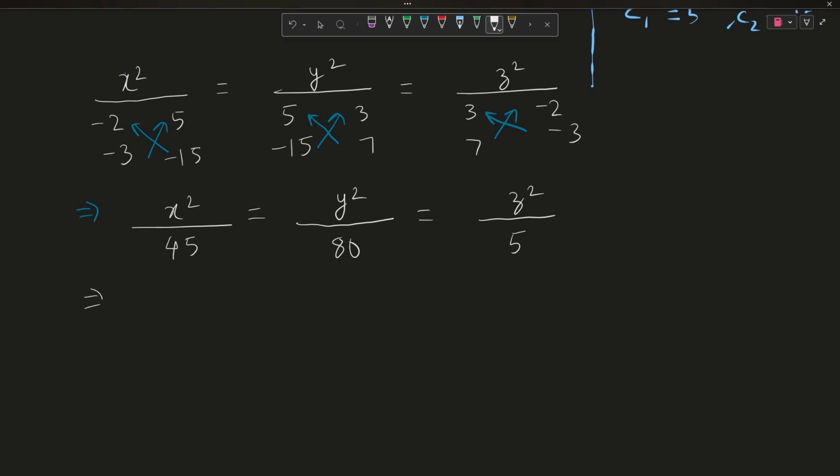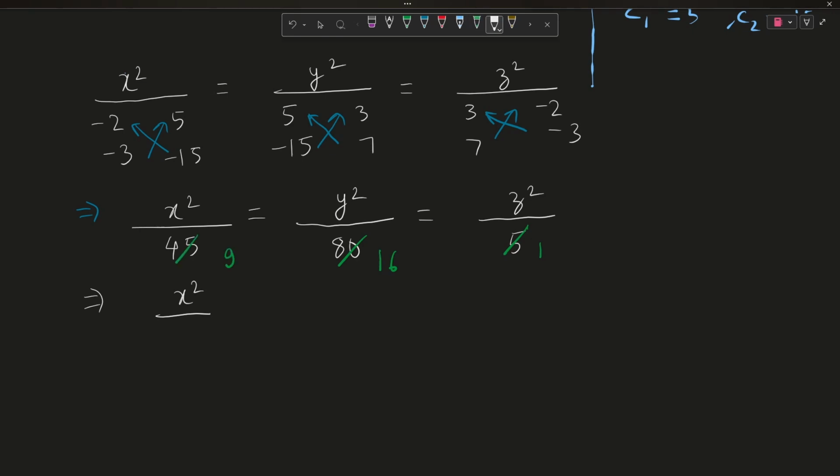So I can say that our values become x square by 45, and we can solve these values further as they are getting cancelled by 5: 5 one time, 5 sixteen times, 5 nine times.